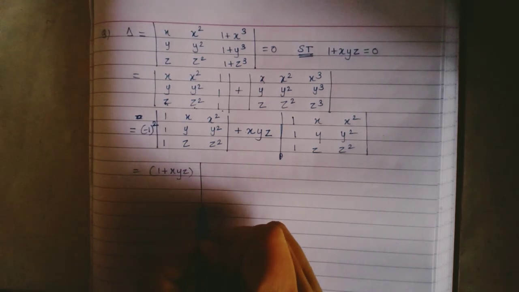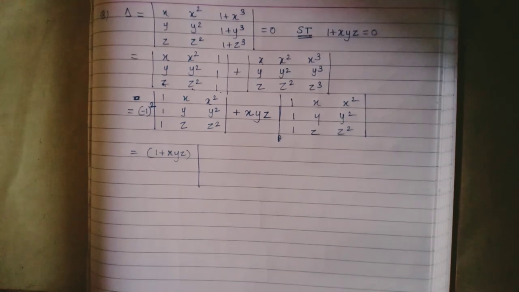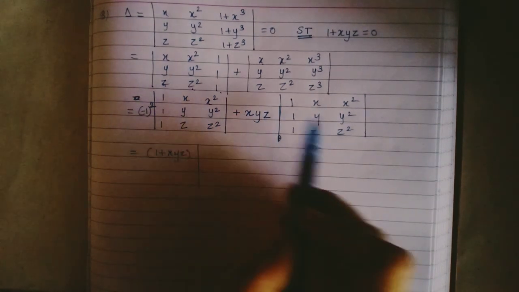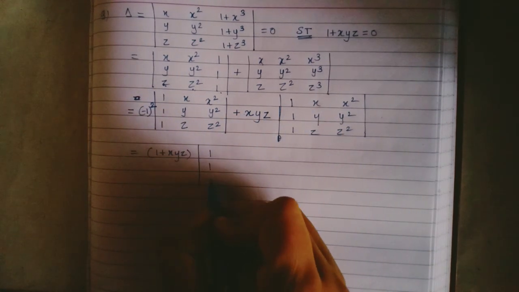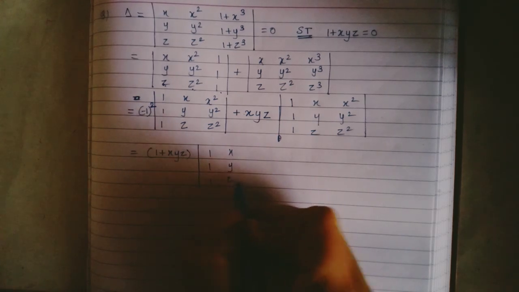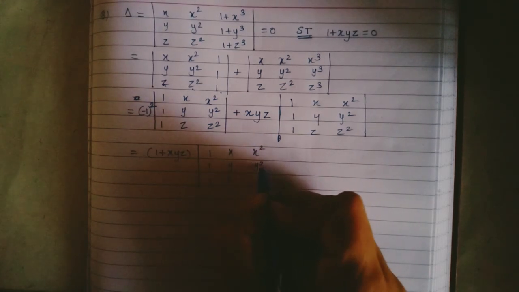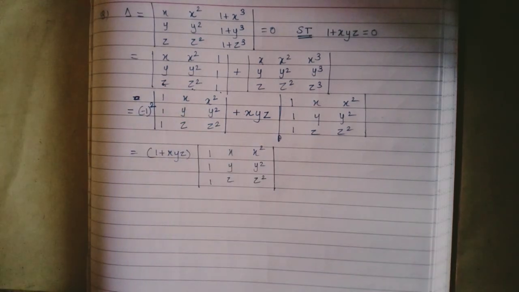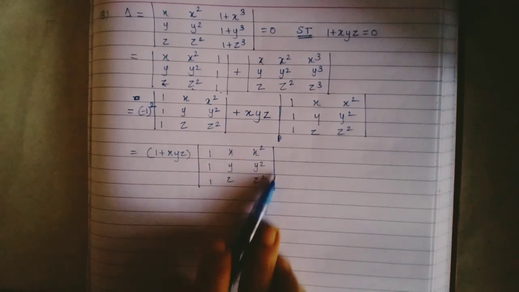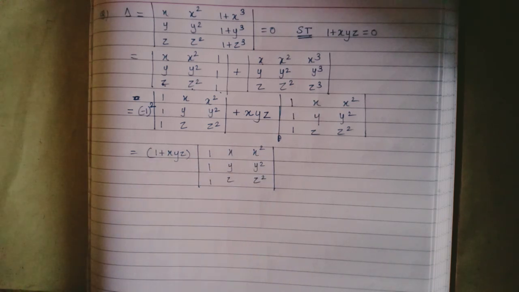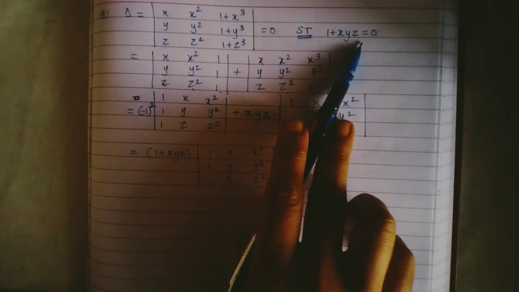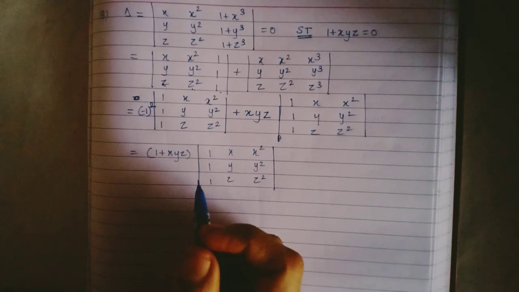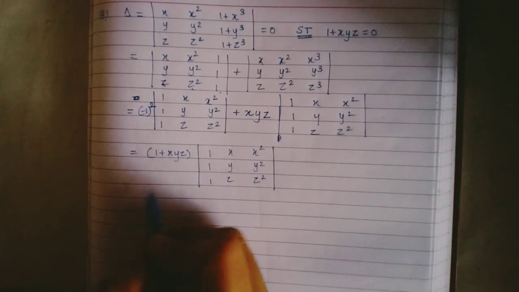Okay, so now I can write this common I have taken, so xyz, x square, y square, z square. Okay, now I have to show that this term is 1, because I want this to be 1 plus xyz equal to 0, right?